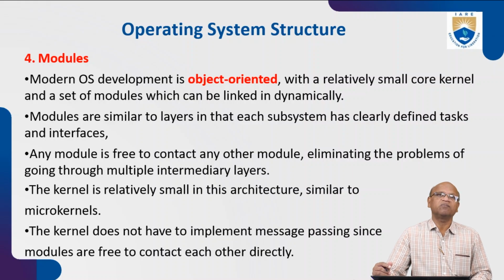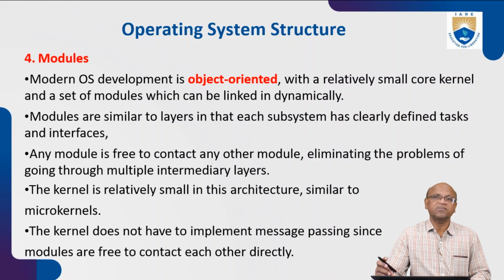That's what the modern operating system is; it depends on modules. Modules are similar to layers in that each subsystem has clearly defined tasks and interfaces. Any module is free to contact any other module, eliminating the problems of going through multiple intermediate layers. That's the advantage in the modern approach.